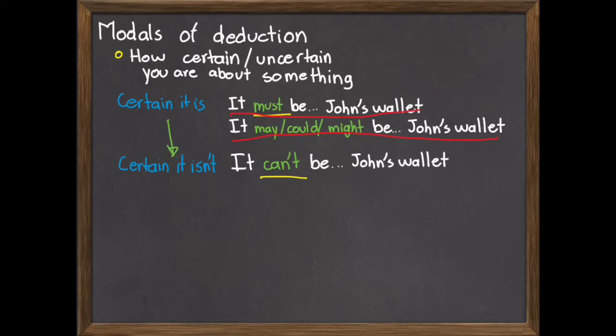They have the same meaning, so you can use all of these three words. Now, if we see the wallet and, for example, it's pink and we know that John's wallet is brown, we can say it can't be John's wallet because John's wallet is brown and this one is pink. This is just an example, to emphasize the different levels of certainty with modals of deduction.